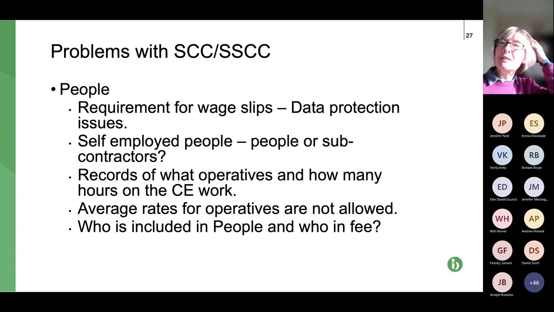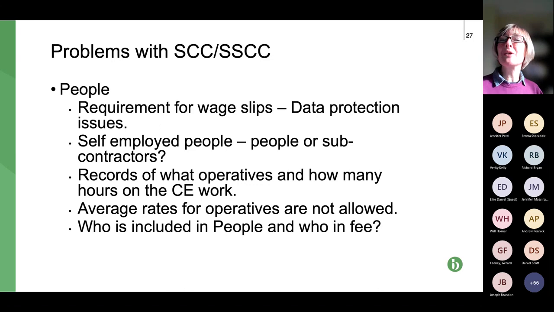It's always problematic proving the cost of self-employed people. And also this third sub-bullet point, the records of what operatives are doing and how long it's taken them is really problematic.